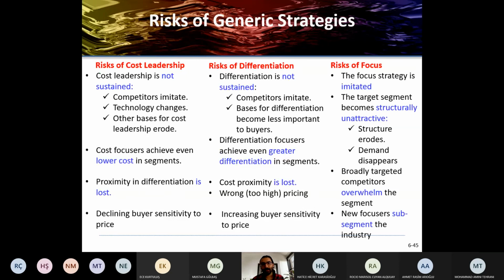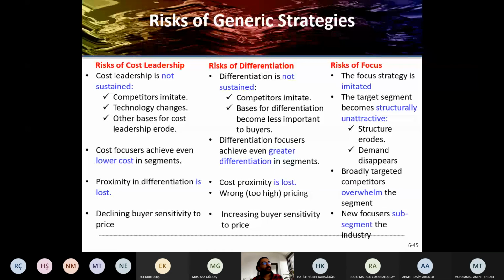Actually, we talked about these risks, right? But now to see them on one page. Low cost is risky because there could be price wars. It could damage your profits. Differentiation is risky because buyer sensitivity to price can change.